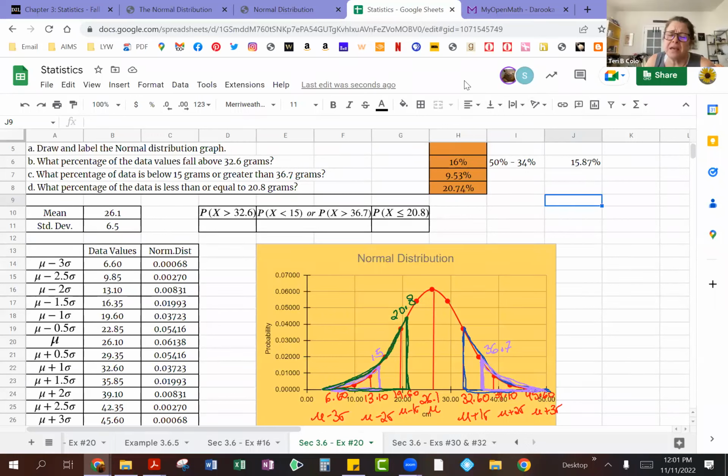Can you explain again why you went with 0.5? Oh, because that just evenly breaks it up, because if you only did 1, 2, 3 standard deviations, the curve actually does not come out very nice looking. It doesn't have that bell shape. So I just broke it up into halves after that.